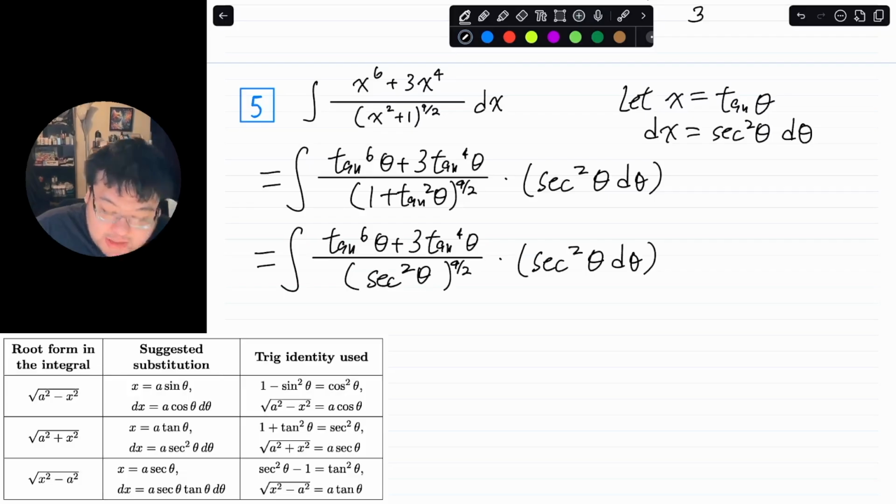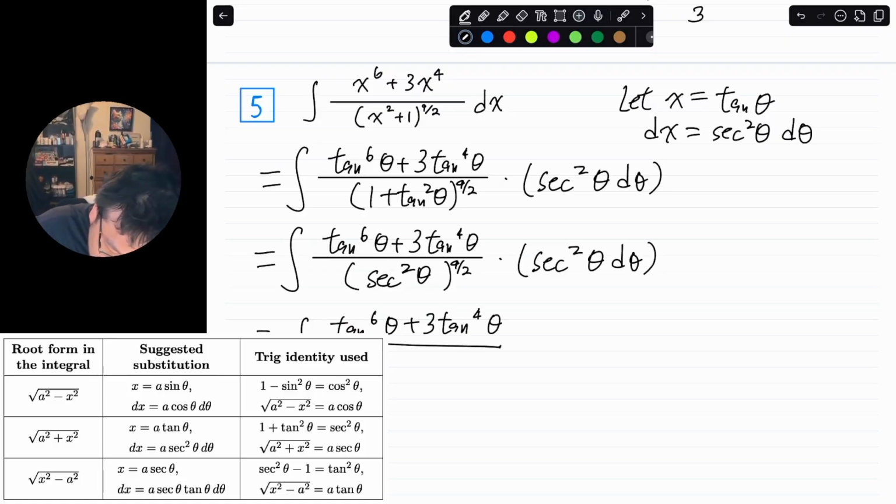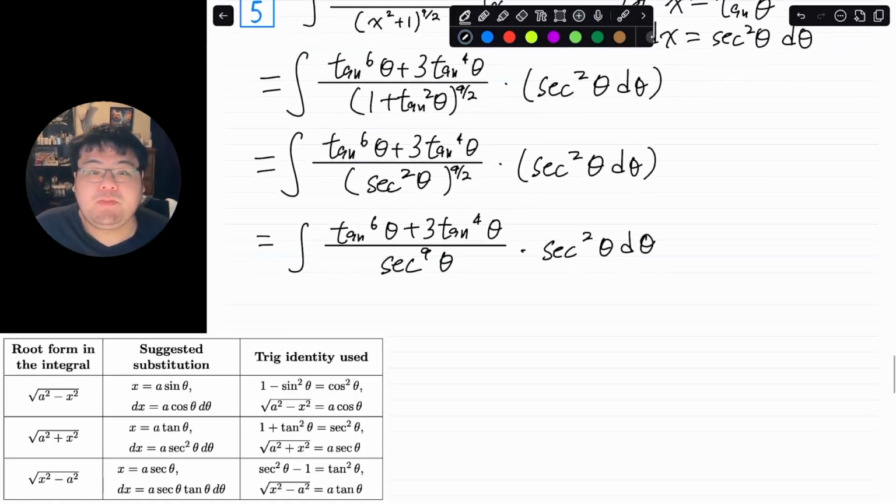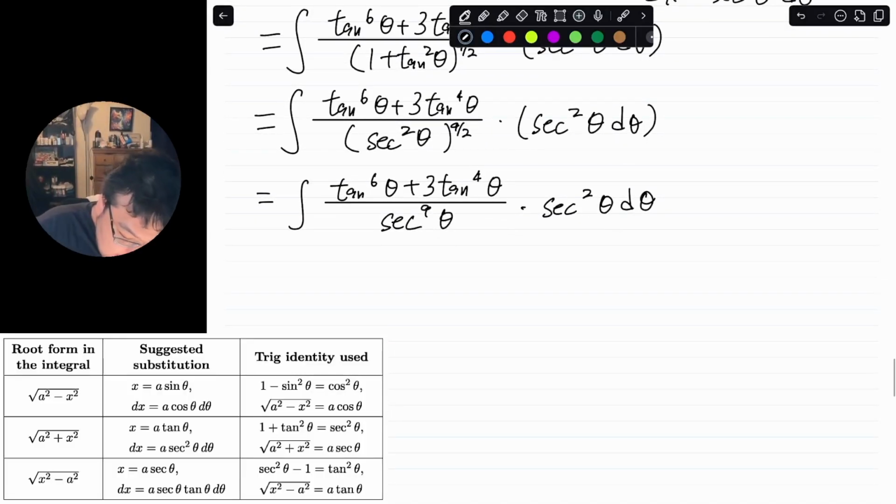The 2 and the 1/2 cancel out. So what do we have? The integral of tangent 6 theta plus 3 tangent 4 theta, divided by secant to the 9th power of theta, times secant squared theta d theta. Now with secant 9 in the bottom and secant squared in the top, we can cancel.